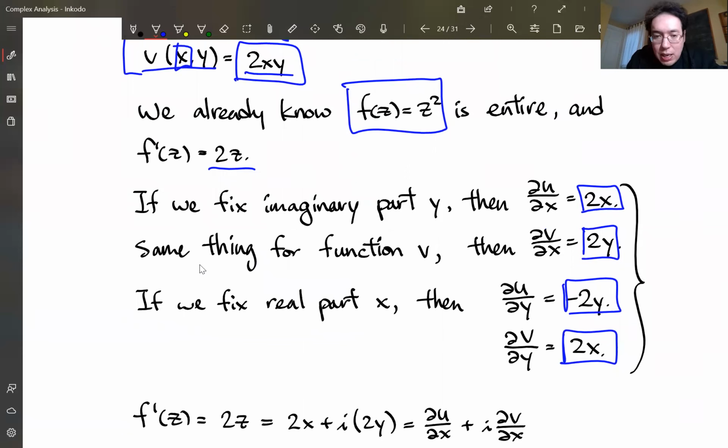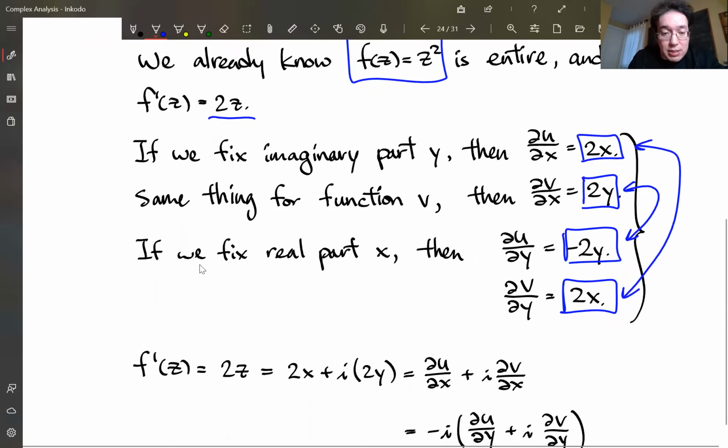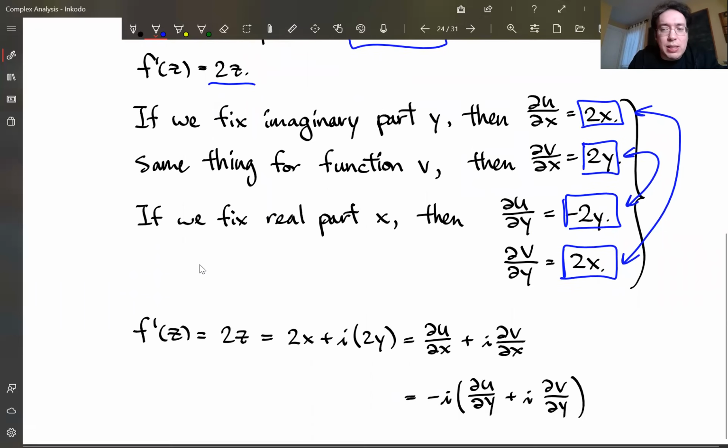When you see this, you might realize that there are some similarities. 2x is similar, and 2y, well, that's not the same as negative 2y, but it's also similar. Is this a coincidence? The answer is no, not really.